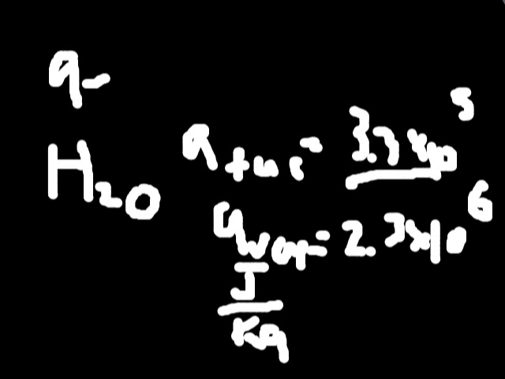Remember that the 3.3 tells us that it takes 3.3 times 10 to the 5th joules of energy to change 1 kilogram of ice into water. And you also have to remove these 3.3 times 10 to the 5 joules to change 1 kilogram of water into ice. Throughout these changes, T is a constant.